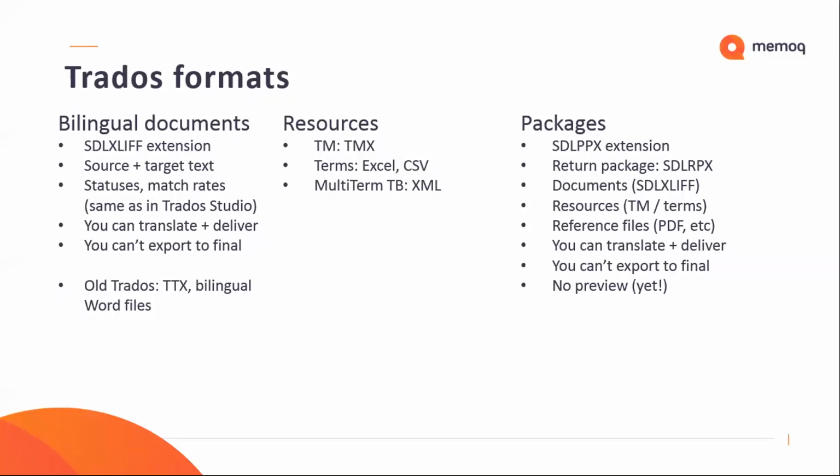And again, memoQ gives you an easy workflow to receive these files for translation, import them into your memoQ, translate them, and deliver them in the final format expected by your client or project manager.